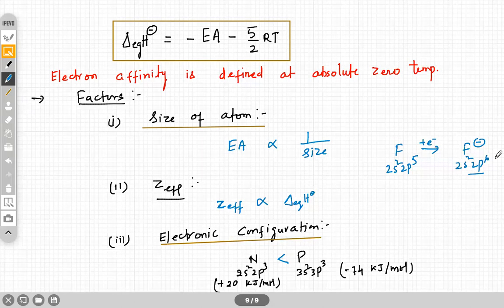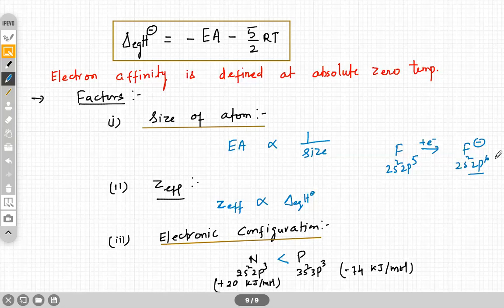I said in the first part that halogens have a very high tendency to accept an electron and form halide ions, and hence they have very high negative values of electron gain enthalpy.